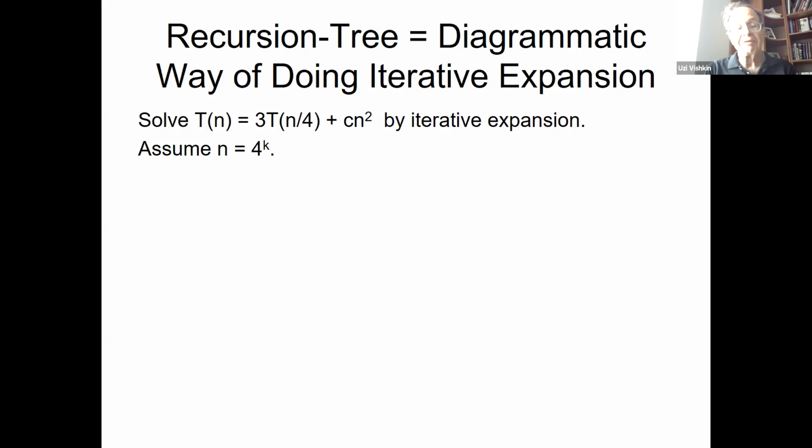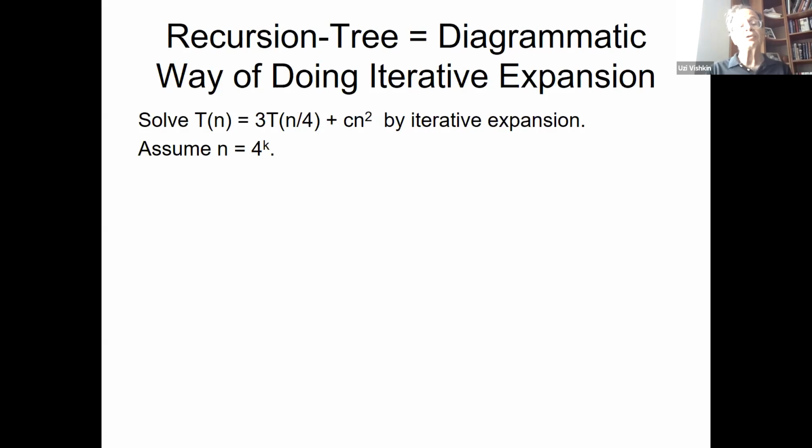We have a recursion of T of n equals 3 T of n over 4 plus c n squared. And for simplicity, we are going to assume that n is an integer power of 4, meaning there is some integer k where n is 4 to the k. This will make our life simple.